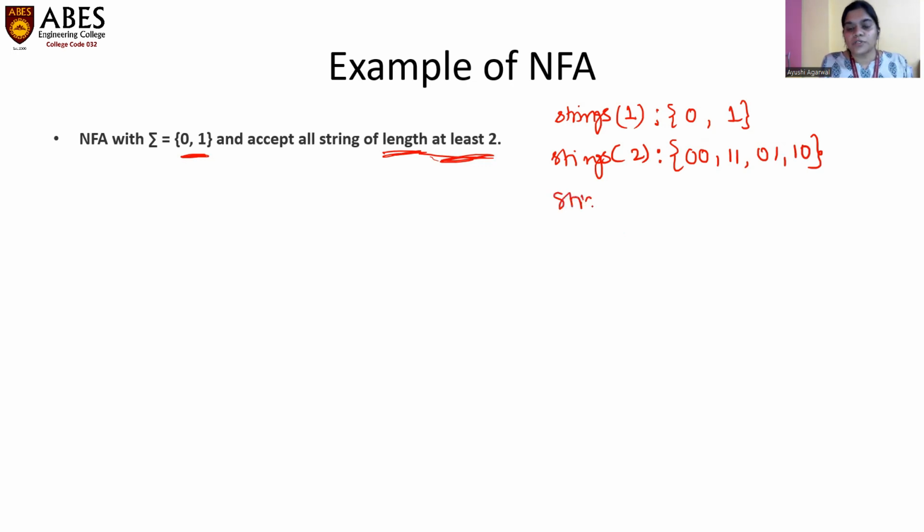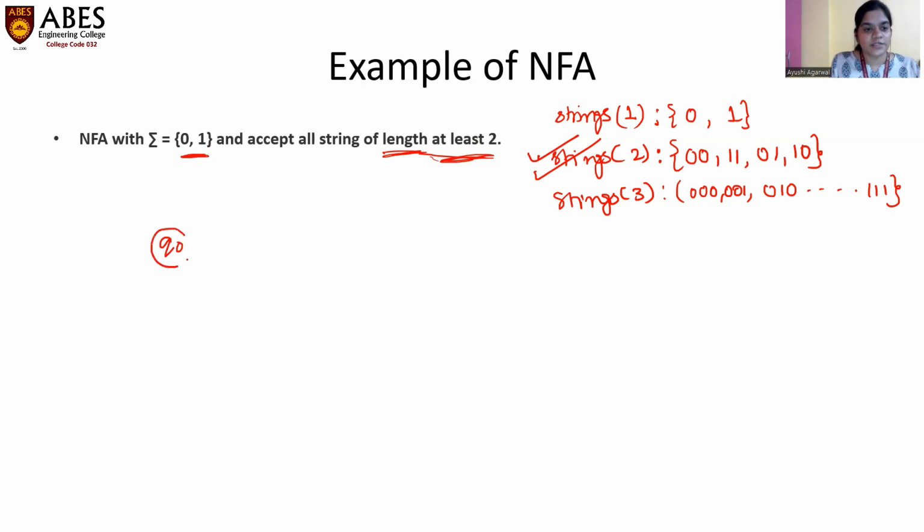If we talk about strings with a length of 3, it's obviously 000, 001, 010, and so on till 111. That's the combination you must have read about. So in this transition diagram question, you are asked to draw an NFA for this particular set of strings where the length is 2 over the input 0, 1. Now let's draw this diagram and see how we can draw an NFA for this.